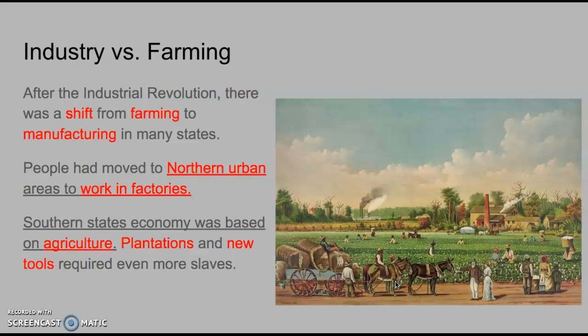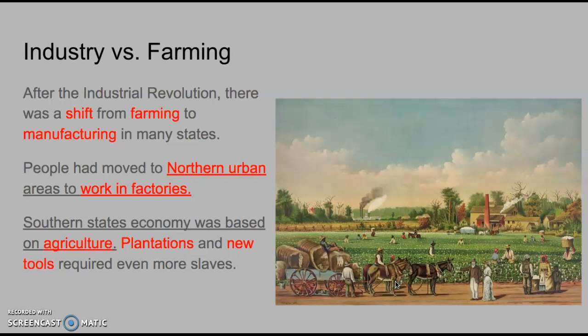It's something you can do every day of the year. And once electricity is added to factories, then factories can stay open 24 hours a day. And so this really is a boon to the northern economy during this day and age.